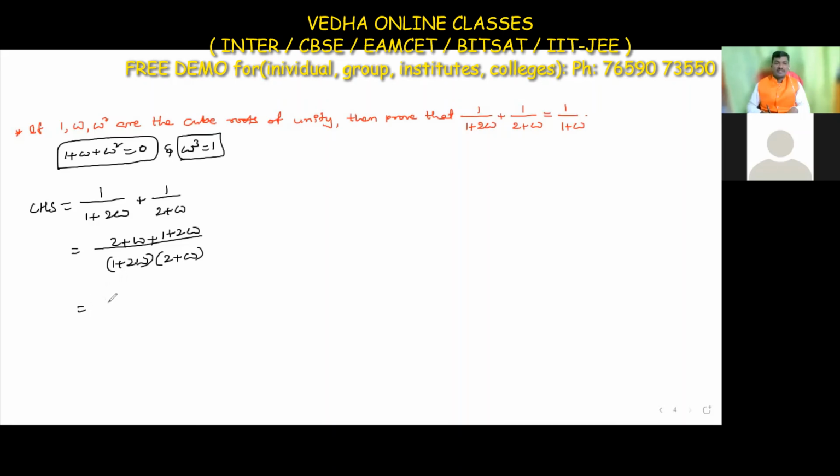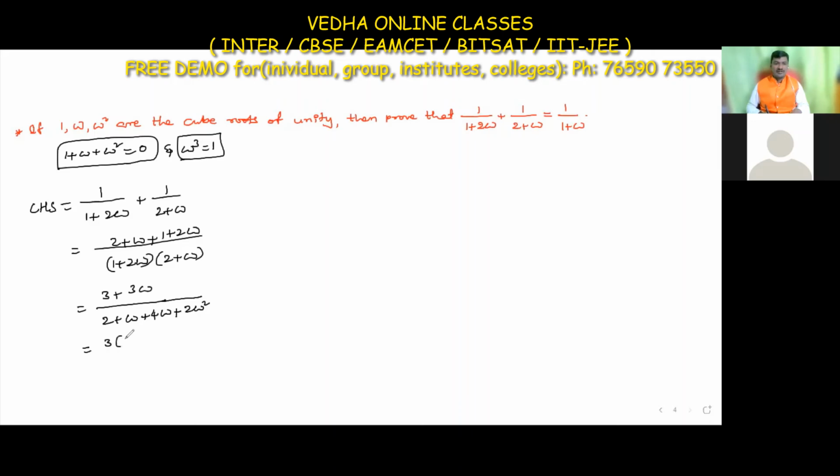Now this is equal to 2 plus 1, 3, and 1 omega plus 2 omega, that is 3 omega, whole divided by 1 into 2, 2, and 1 into omega, 2 omega into 2, 4 omega, plus 2 omega into omega, 2 omega square.